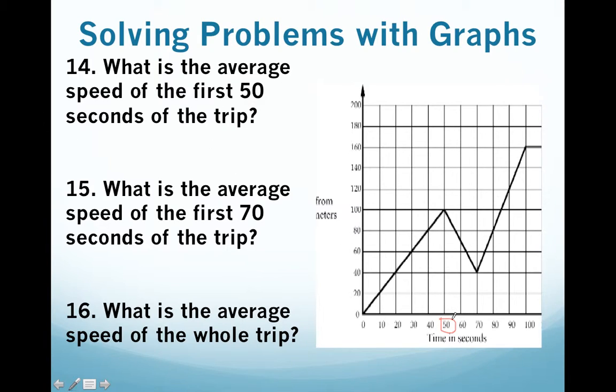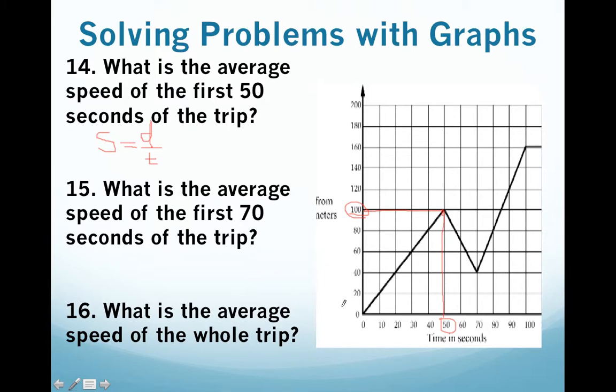Okay. And I go all the way up to the top, and then come across to find my distance. This one's distance right here. Now to find the speed, remember, speed is equal to distance divided by time.